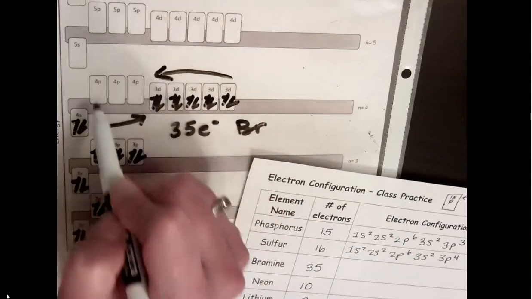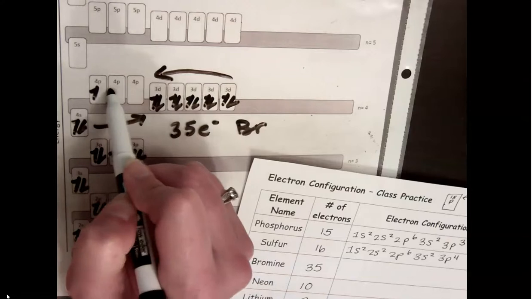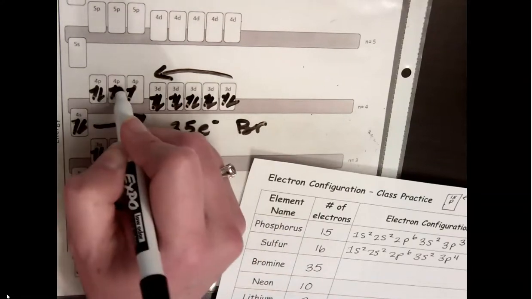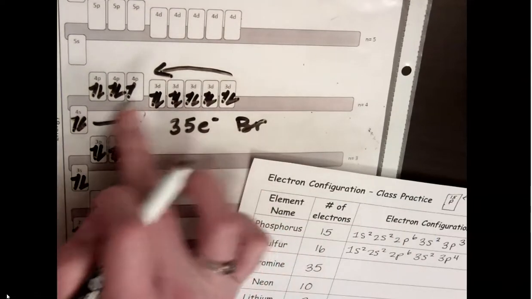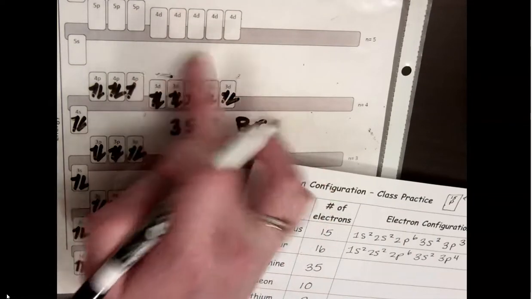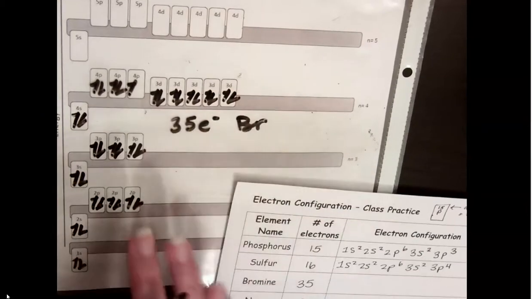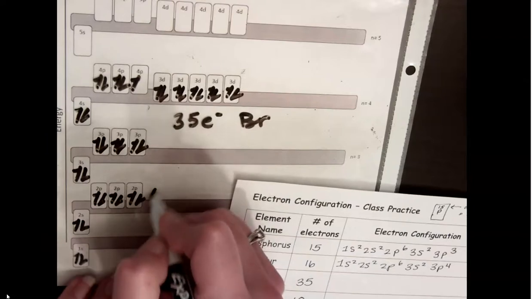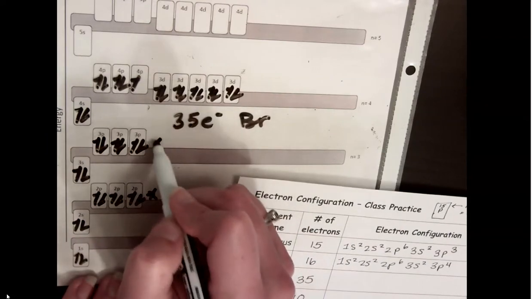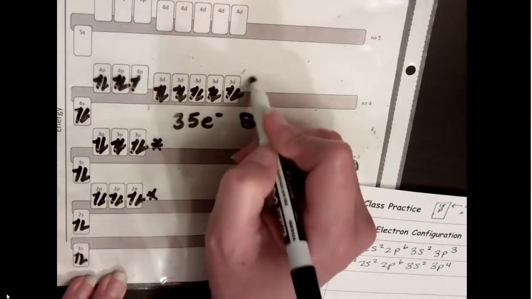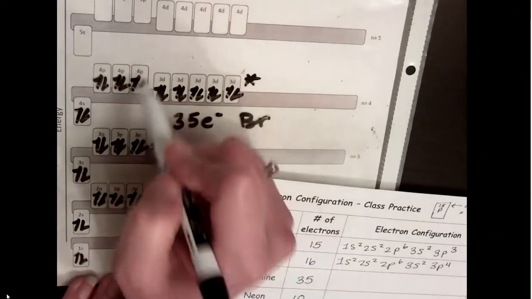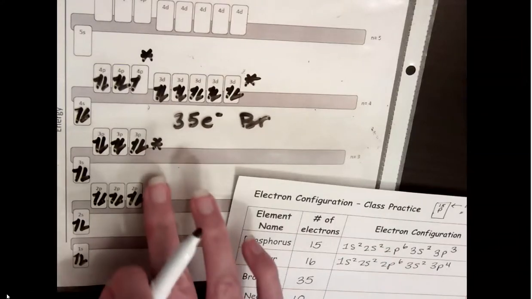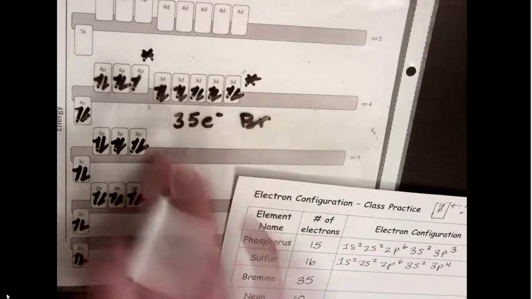Now over here, 31, 32, 33, 34, 35. I had to follow Hund's rule several times. I had to do Hund's rule here, here, over here, and over here. So I had to do it a lot of times where I had to spread the electrons out before I doubled them up.